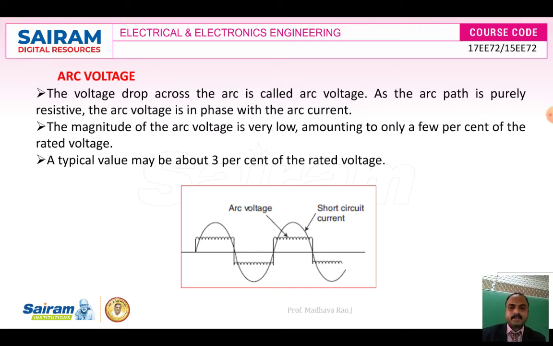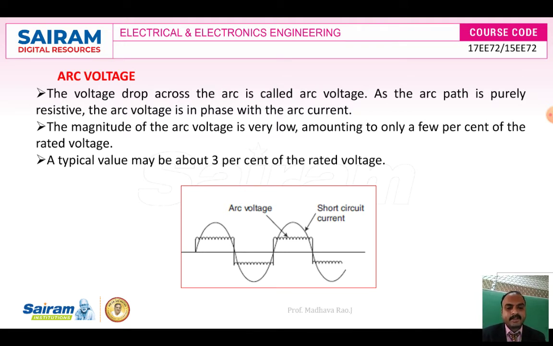Next, the magnitude of the arc voltage is very low, amounting to only a few percent of the rated voltage. You can see in this waveform the arc voltage magnitude and short circuit current magnitude. The short circuit current magnitude is more than the arc voltage magnitude, but if you see the phase difference, both are in the same phase.